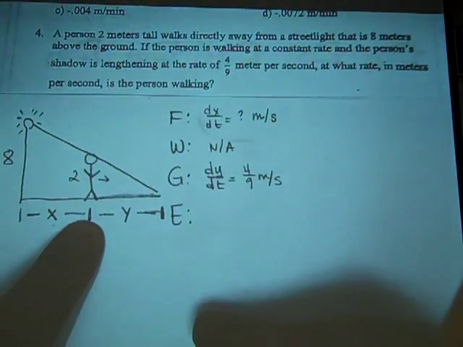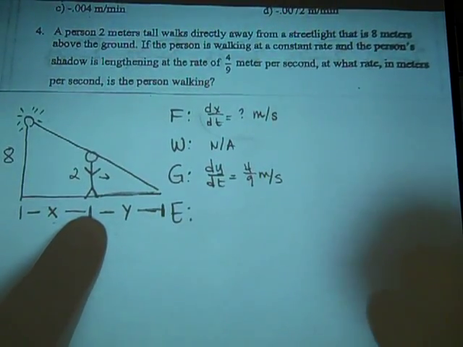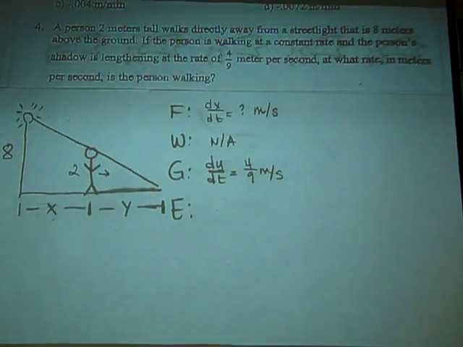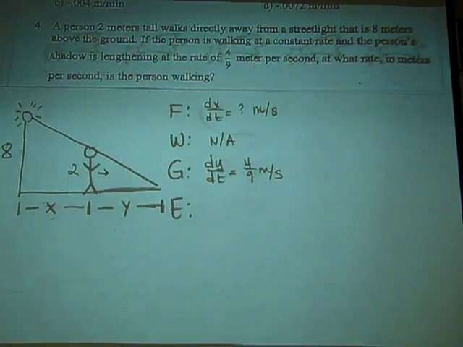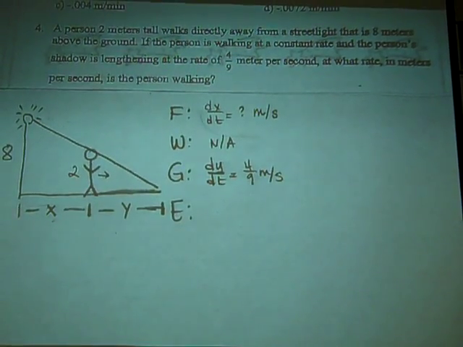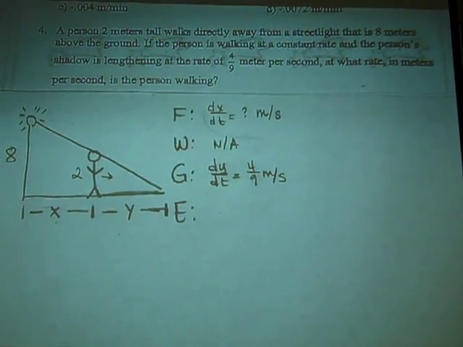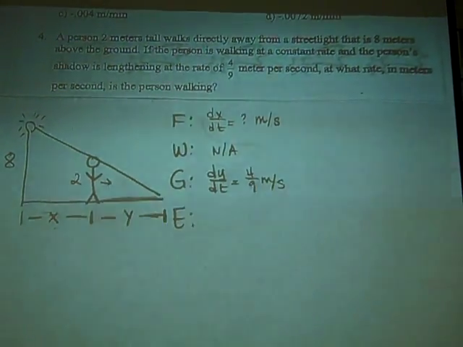Do we want to introduce a third variable? Do we have a third rate? So we want to avoid the hypotenuse. Area always comes up next, but if I involved area, I would need a dA/dt. Do I know anything about dA/dt?